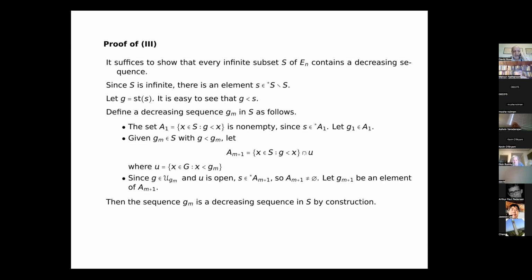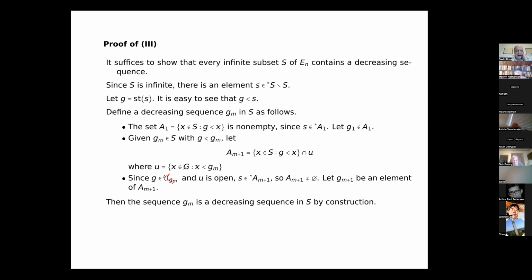We take the star of this collection, the star of this first part of the intersection, together with star U. This should just be a U right here, not script U sub G sub m.